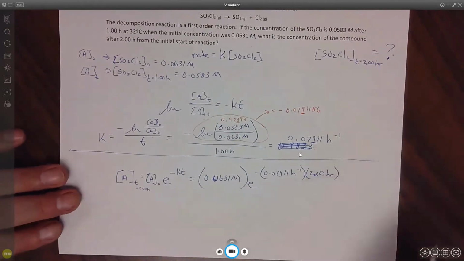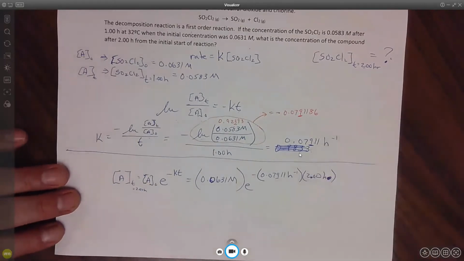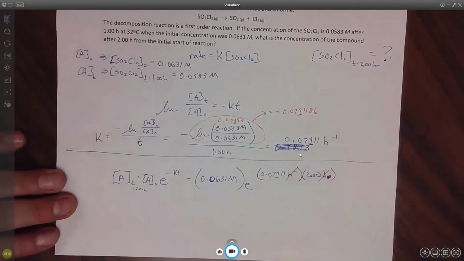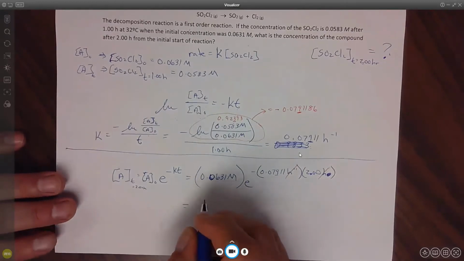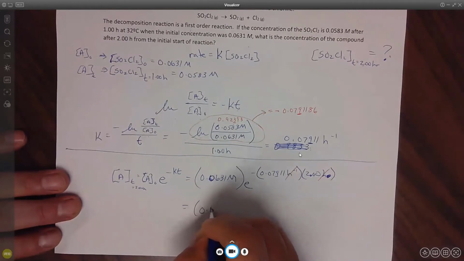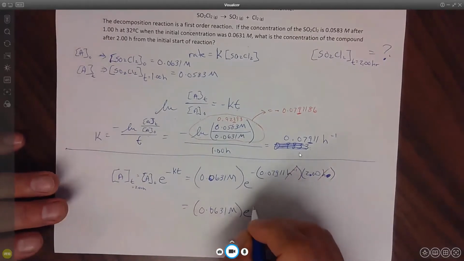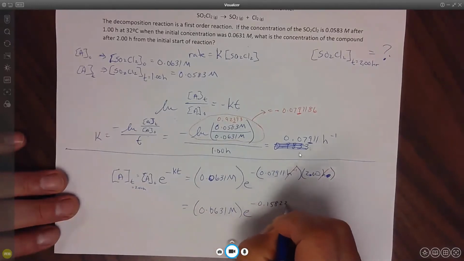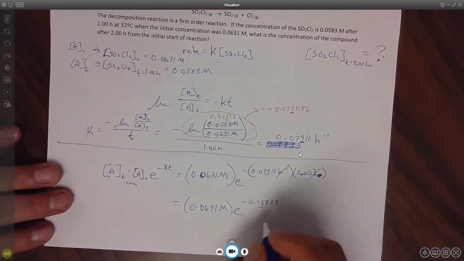Let's leave that as an h, so the h and the per h cancel. And so basically we have 0.0631 molar times e to the negative 0.15823.